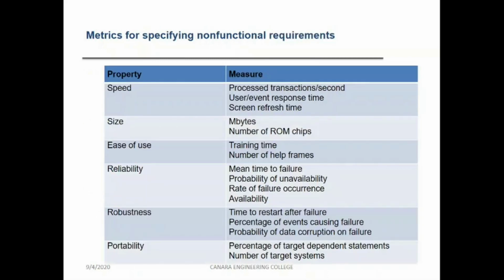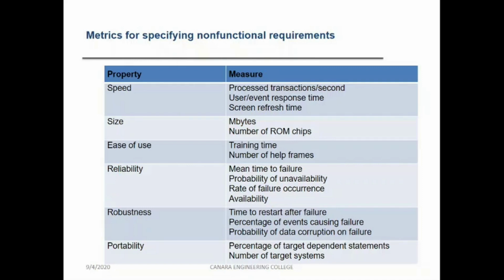There are some metrics that have to be measured for non-functional requirements. What are the metrics? Speed, size, ease of use, reliability, robustness, portability. These are the six metrics used to specify the non-functional requirements.